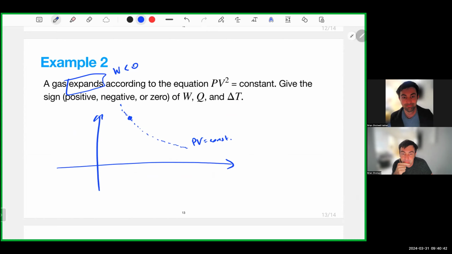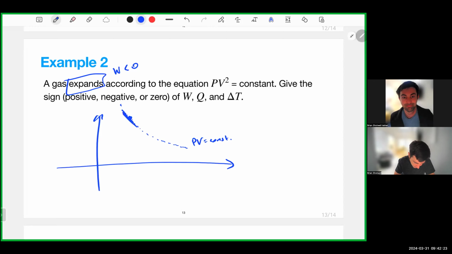So let's see how we would analyze that. Basically, I'm going to play with differentials to find the answer, but let me try and motivate why I'm doing what I'm doing.